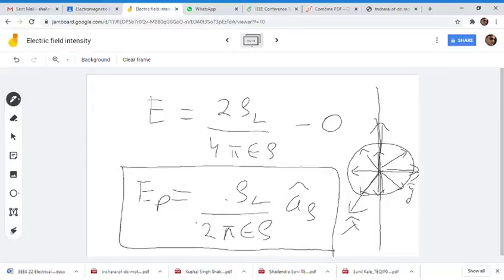So now what you can do is not consider this line charge to be infinite.